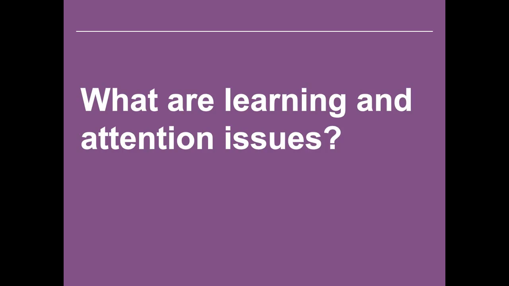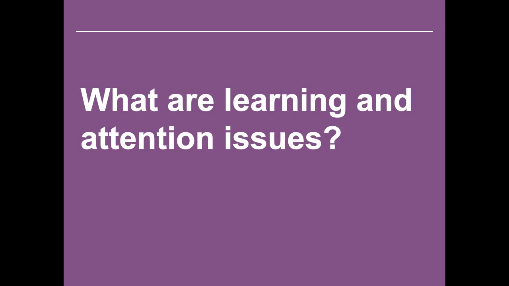We chose the phrase learning and attention issues because we did a lot of research with parents when we were launching Understood.org, and overwhelmingly the thousands of parents that we conducted research with chose the phrase learning and attention issues as the way they were comfortable having their kids described. That was out of things like learning disorder and specific learning disability and struggling learner and learning difference and all of those kind of terms that you hear. The parents told us that they preferred learning and attention issues, so that's what we went with.